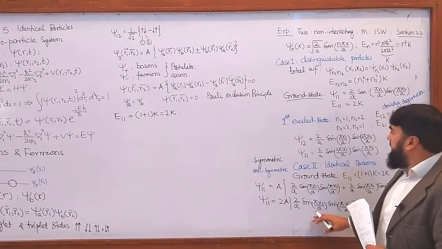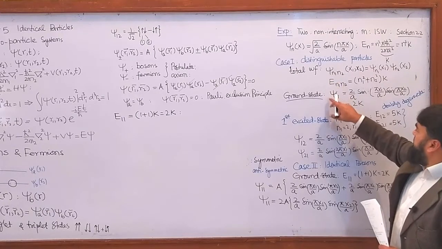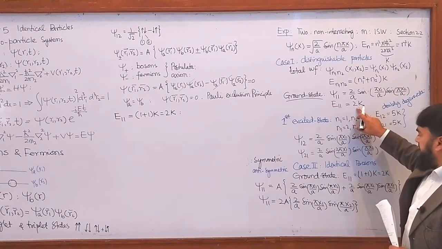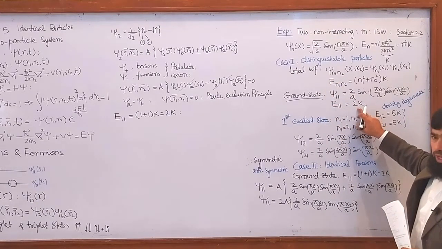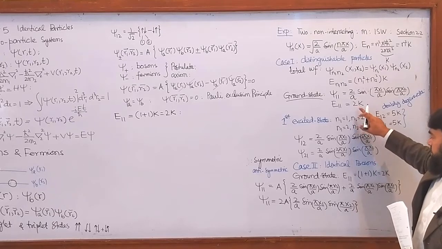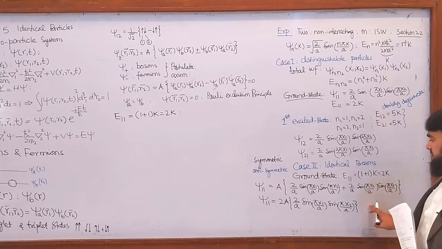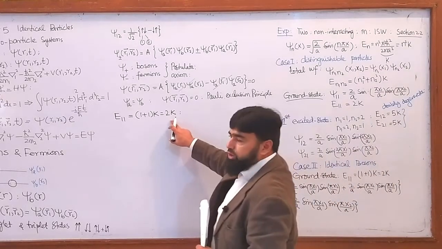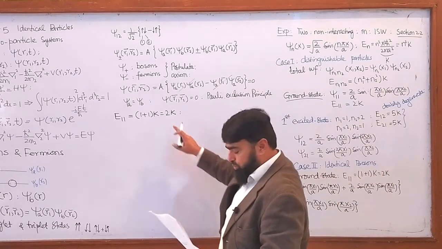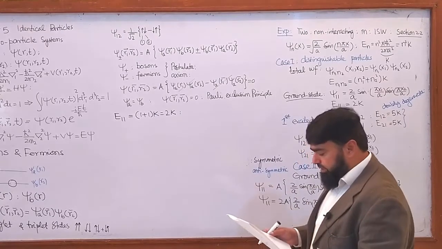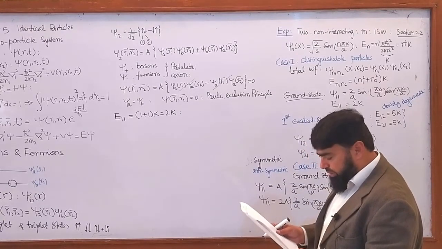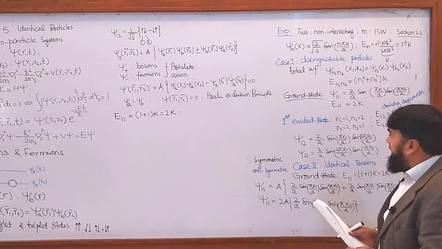So we got for the distinguishable particles the ground state energy is 2k. For the identical bosons, we get the ground state energy equal to 2k.